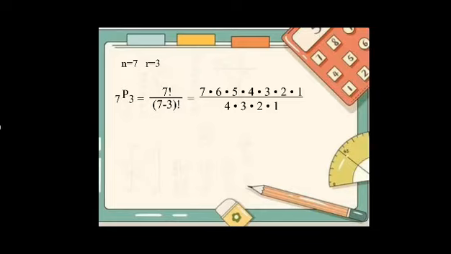Now, we're going to cancel the same numbers. The remaining numbers are 7 times 6 times 5. 7 times 6 times 5 is equal to 210.